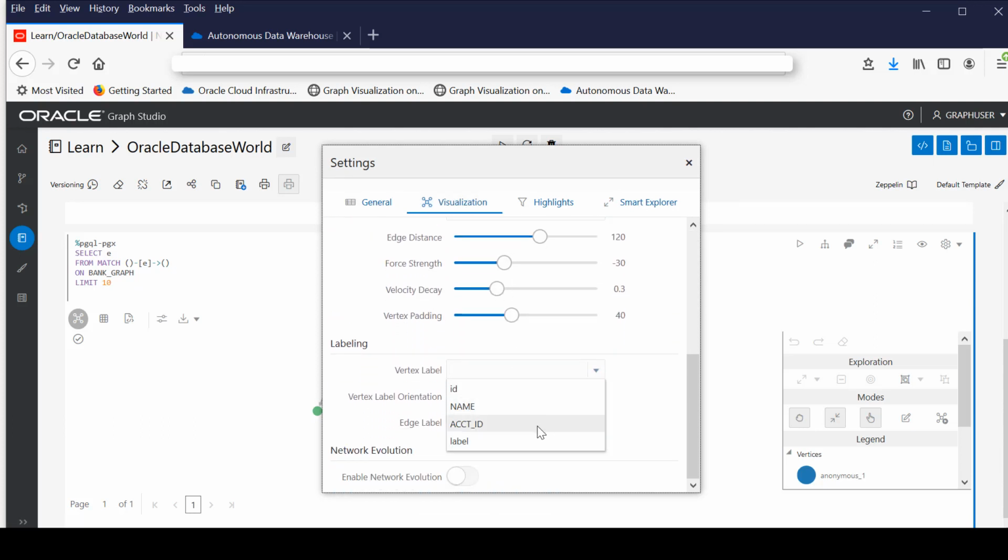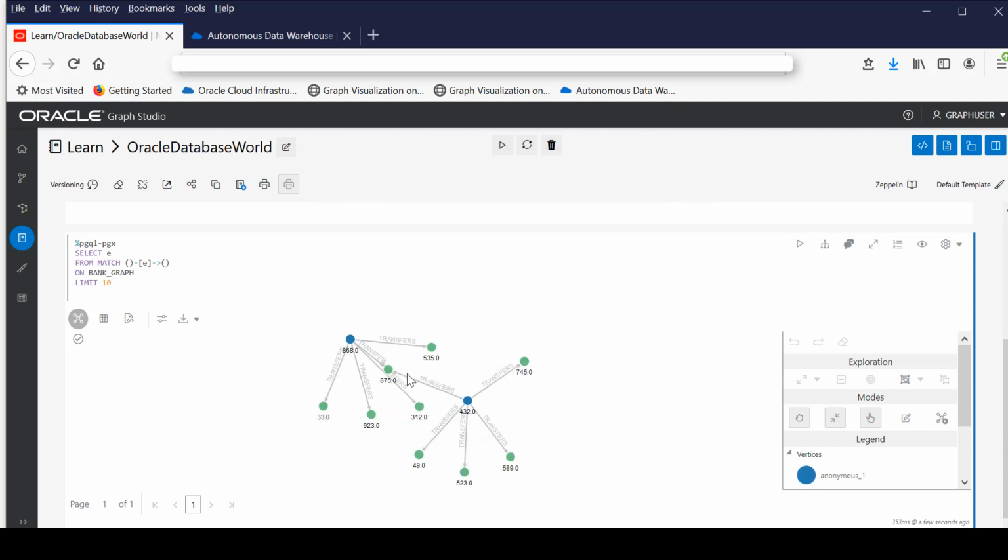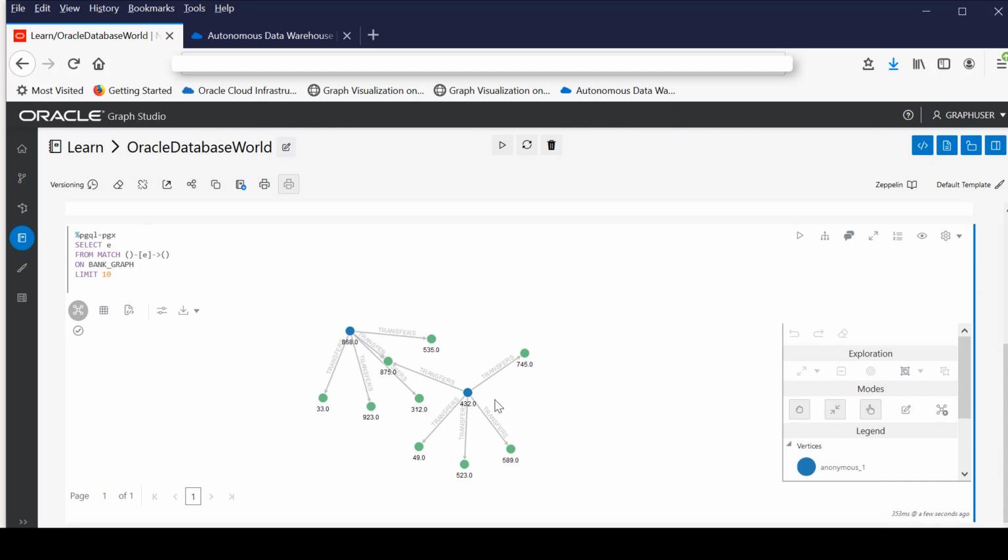I want to have the account ID visible as part of that results display. And for the edge, let me have something that describes what the edge is, which is transfers. So you have the account ID information and the transfers label associated with the edge.